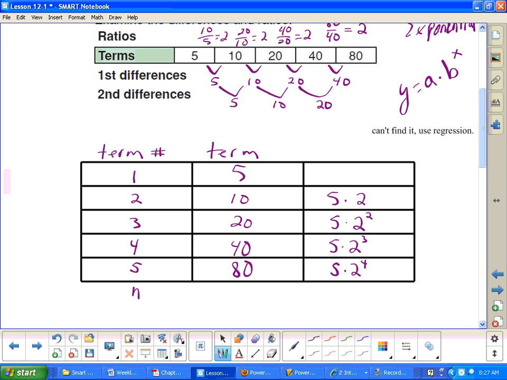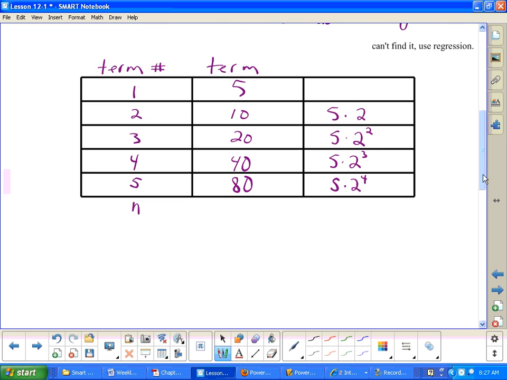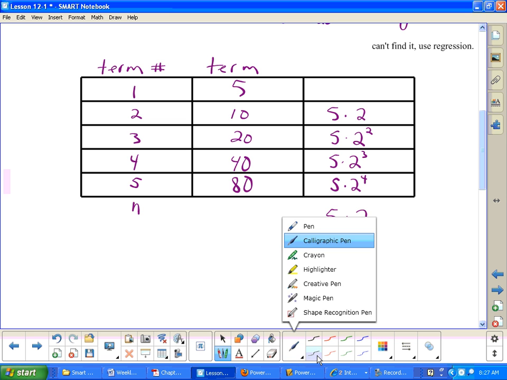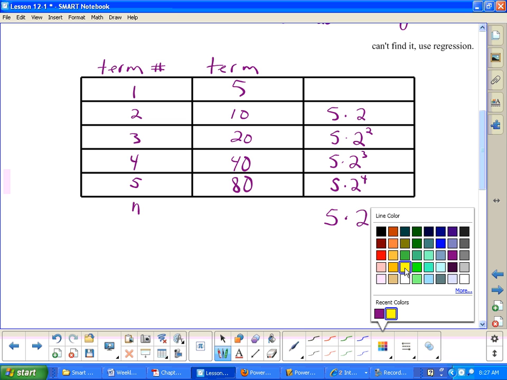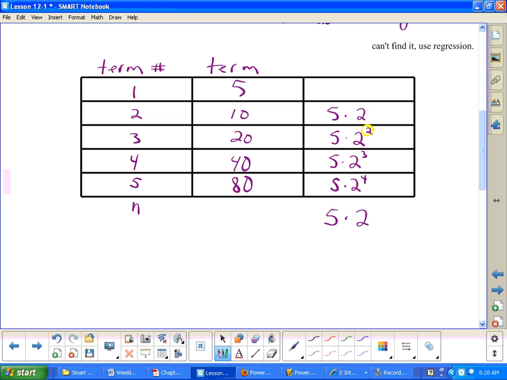Okay. So what about the nth term then? Well, the nth term is going to be 5 times 2 raised to some power. Well, what we want to do then is compare these numbers here, the exponents in this case, with the term number. How do those exponents compare to the term number?